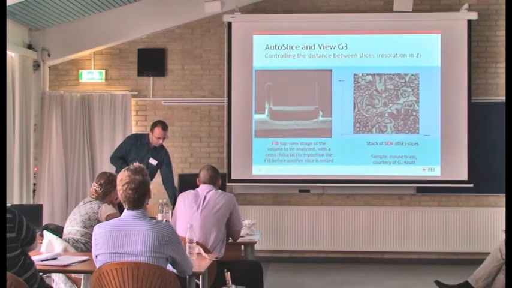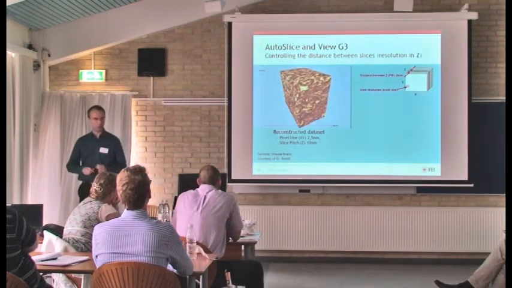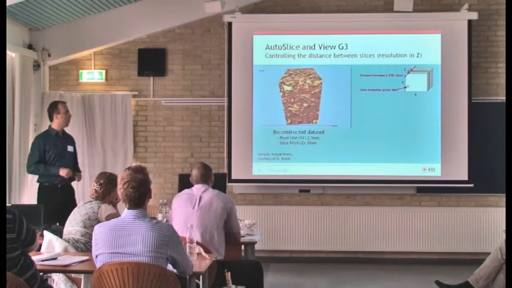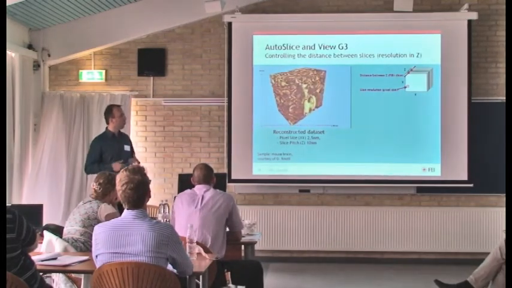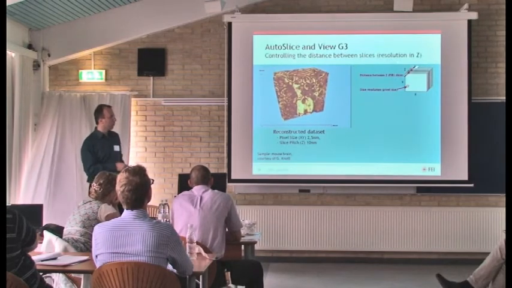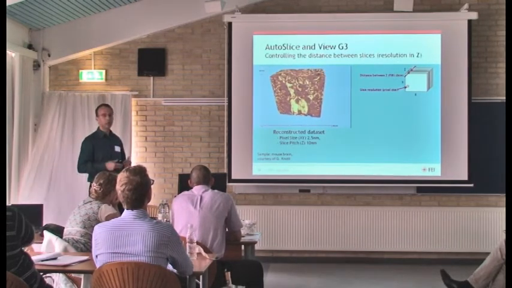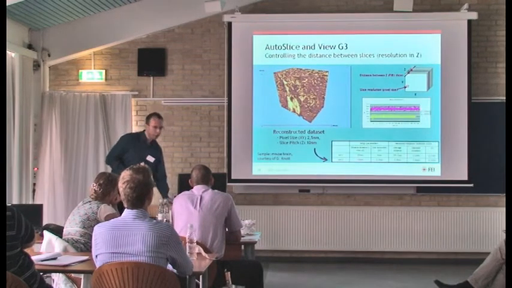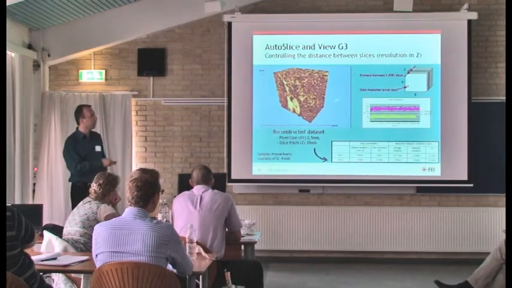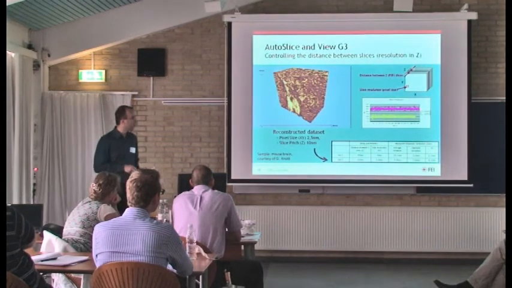We have an additional element to guarantee the quality in the Z direction, which is a tool that will automatically measure the distances between each individual slice. And this is something which we get here, plotted on this graph.